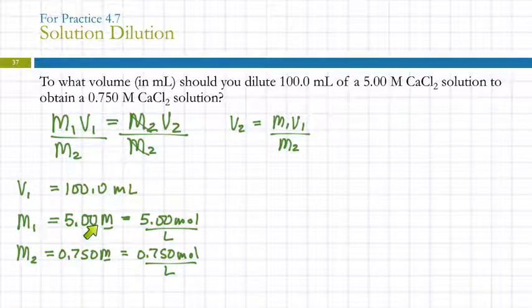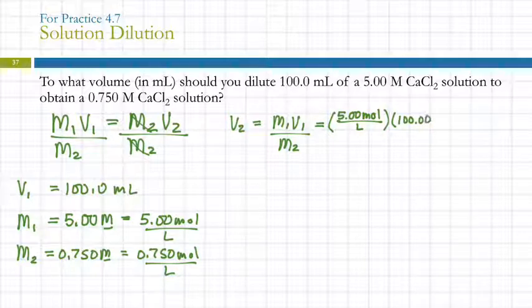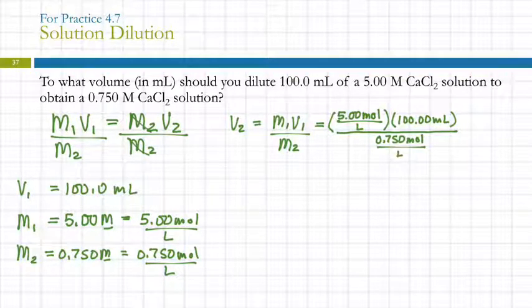I've got my numbers all labeled so I can put them in the equation, and I definitely want to include my units. So M1 is 5.00 moles over liters. And volume 1 is 100.00 milliliters. Molarity 2 is 0.750 moles over liters.